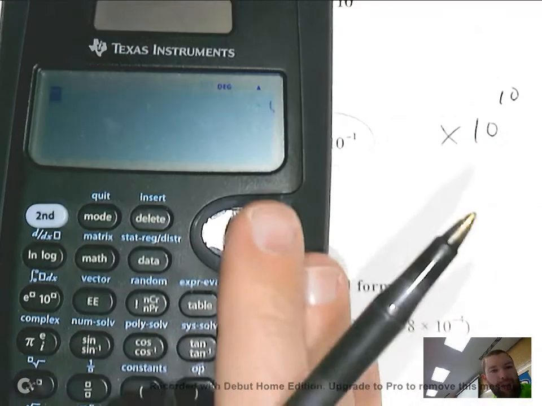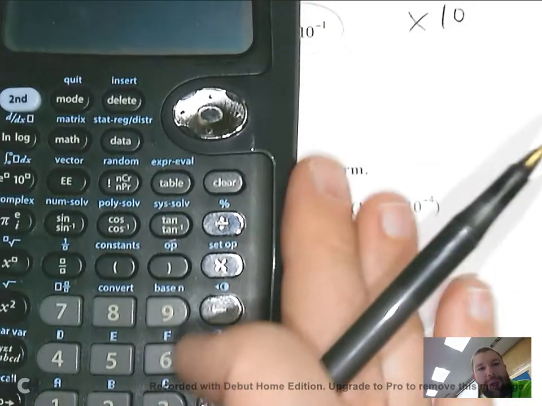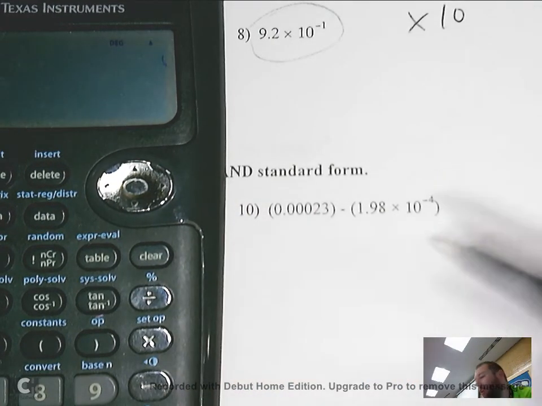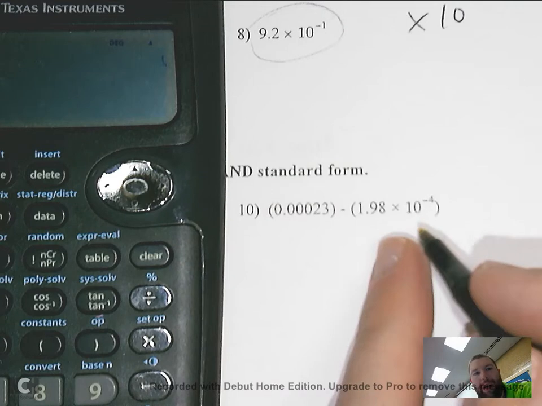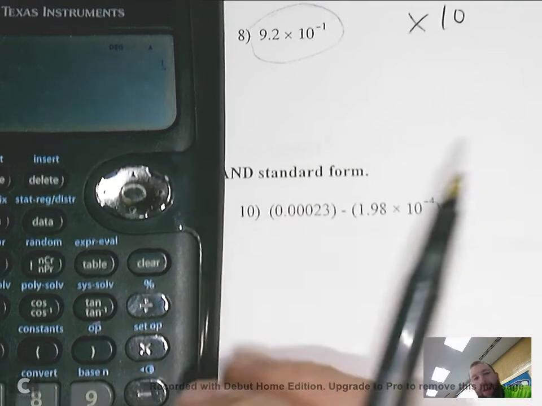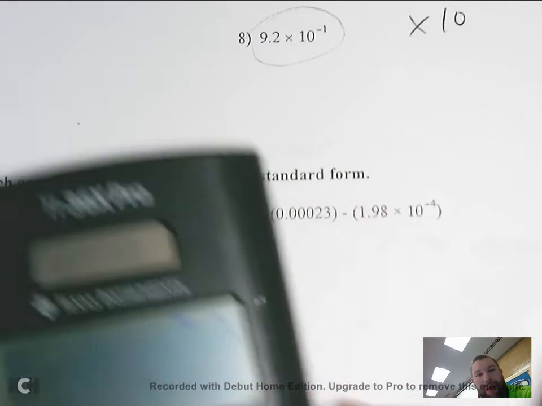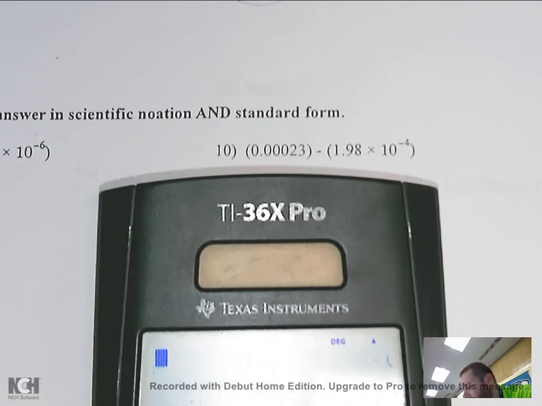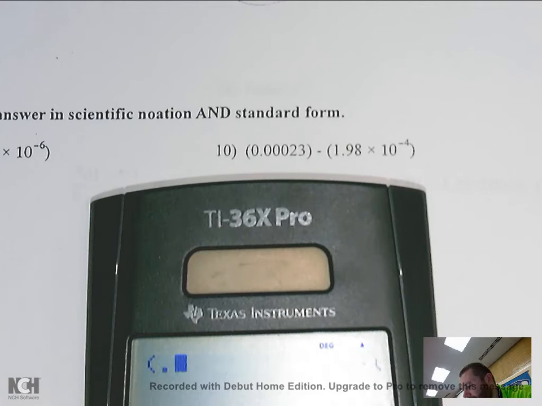Okay? So when I have some numbers here in scientific notation, and I want to solve this, so I've got this 1.98 times 10 to the negative 4, all I'm going to do is plug it into my calculator just like you see it. Your calculator is going to be able to interpret it just like you see it.